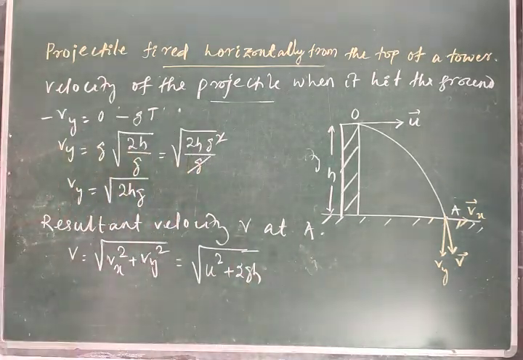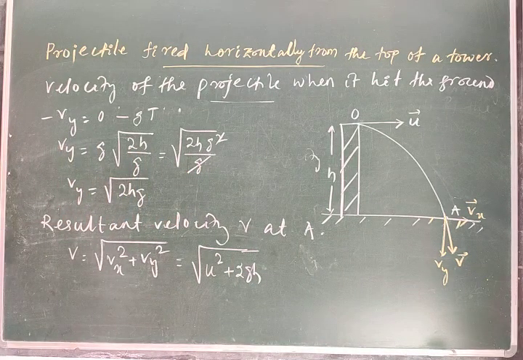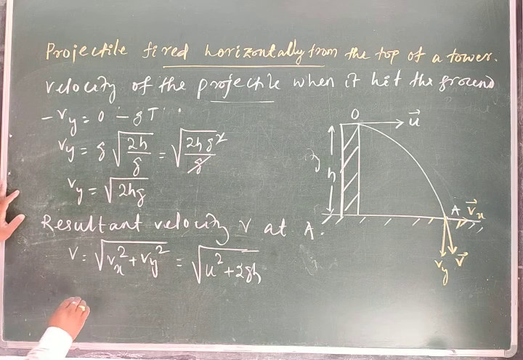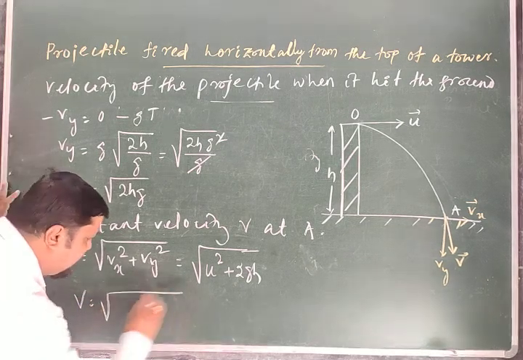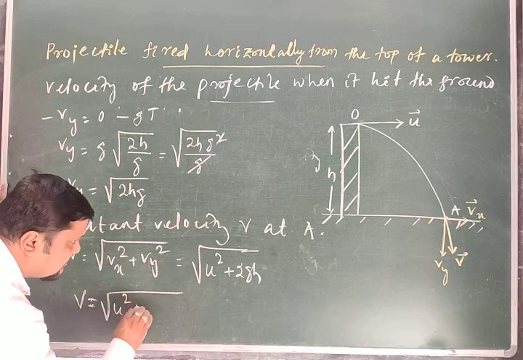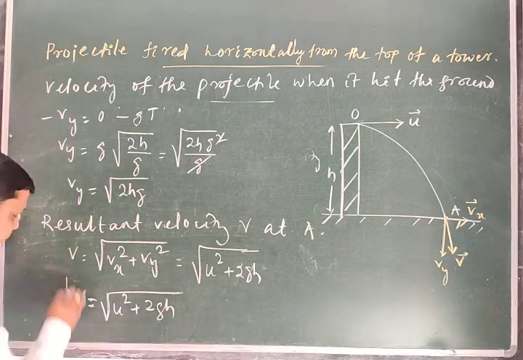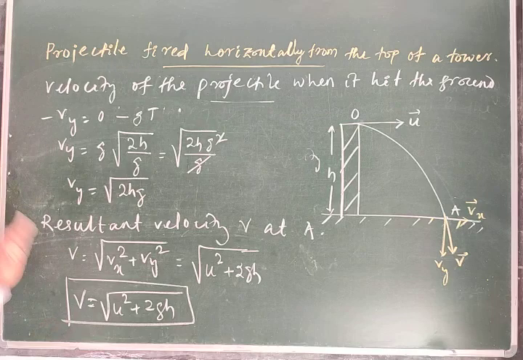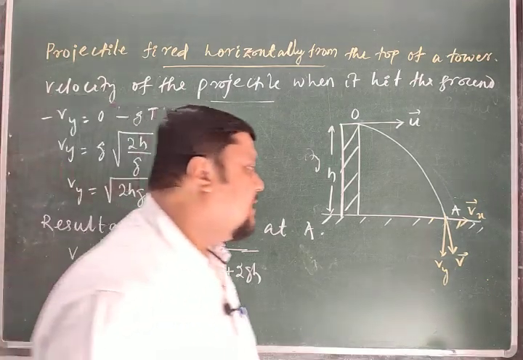So V is equal to root over u square plus 2gh. And what is the direction? You can also find it. At what direction?